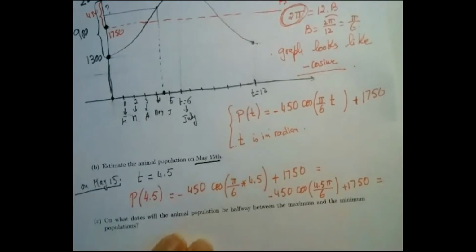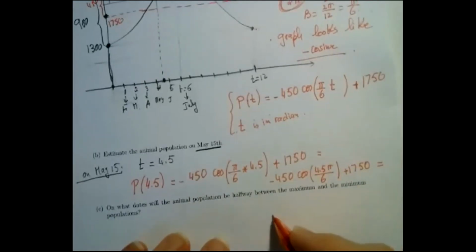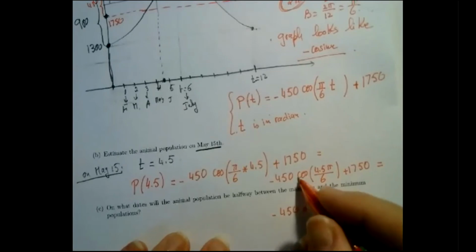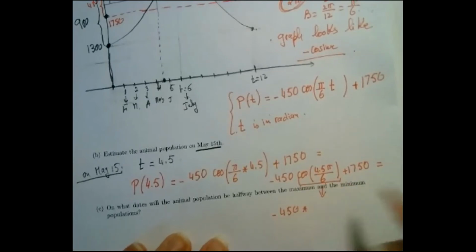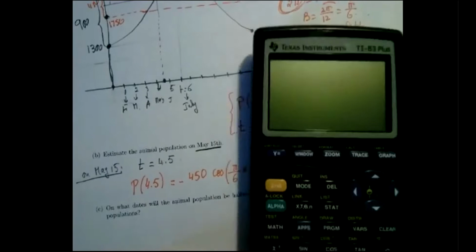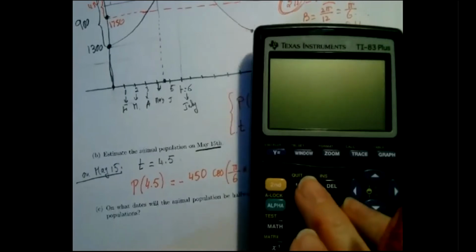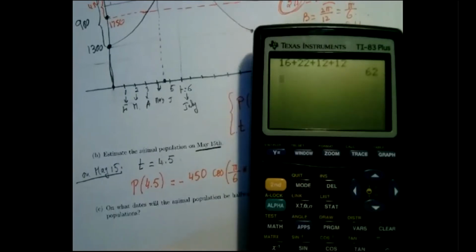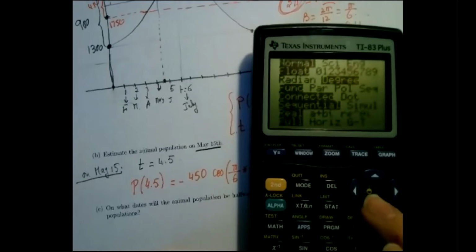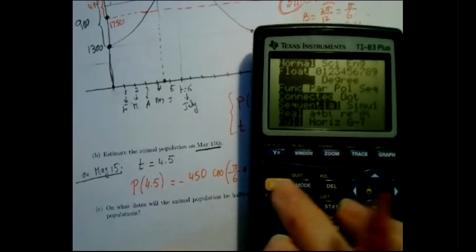So it's minus 450 times the cosine of that. First I have to make sure my calculator is in the right mode, which I don't know because I'm switching since I'm teaching in this class. So I put it in radian mode.